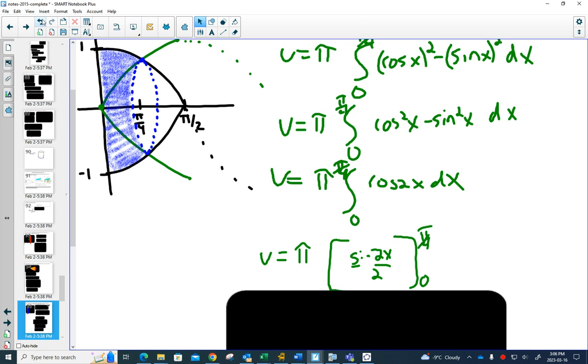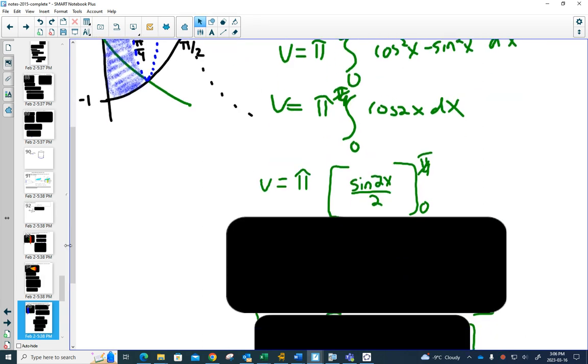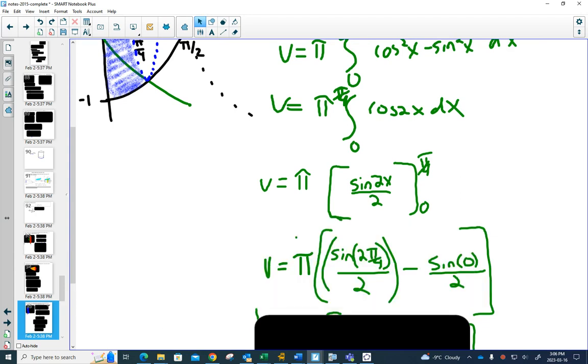Anyways, this integral, oh, I just had my eraser button on. Here, let's go undo. There it is. That integral is just sine 2x over 2 from 0 to pi over 4. And then it becomes a pi plate question where you plug things into there and figure out using your pi plate.